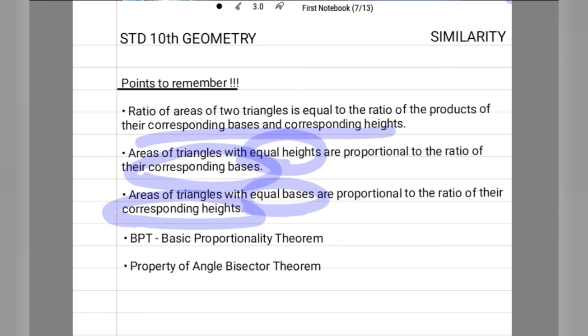Now these are the three conditions or properties which we learned at the starting. After that we proved two theorems, the basic proportionality theorem and the angle bisector theorem.